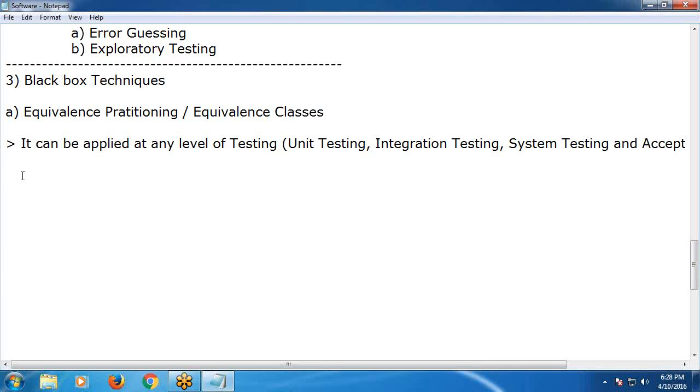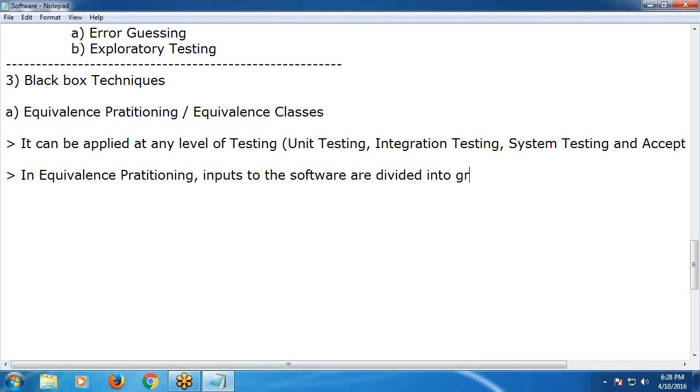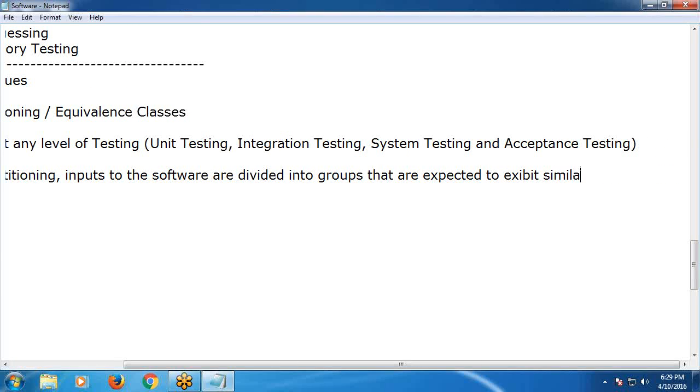In equivalence partitioning, next point: inputs to the software are divided into groups that are expected to exhibit similar behavior.